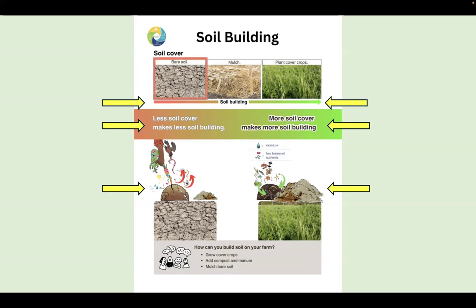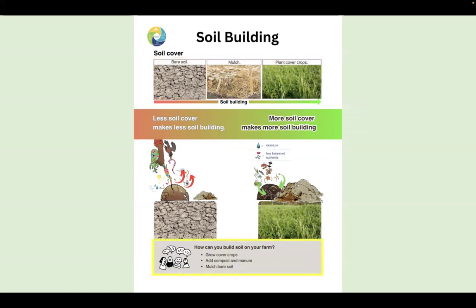Again, bare soil makes for low soil building. You can mulch your crops to increase your soil building, or plant cover crops to build a lot of soil. How can you build soil on your farm? Grow cover crops, add compost and manure, and mulch bare soil.